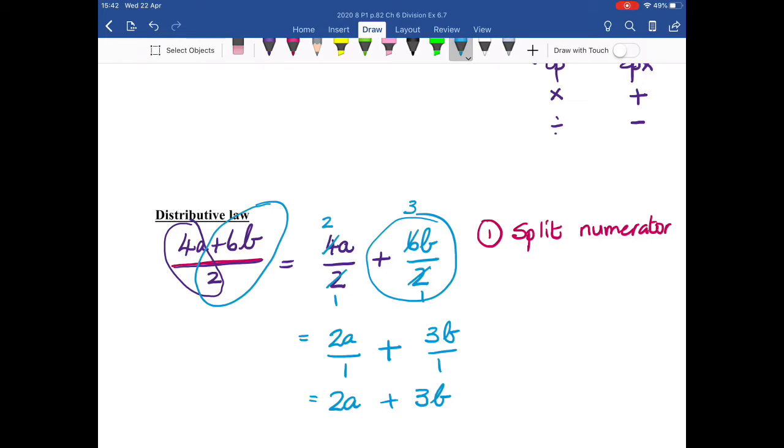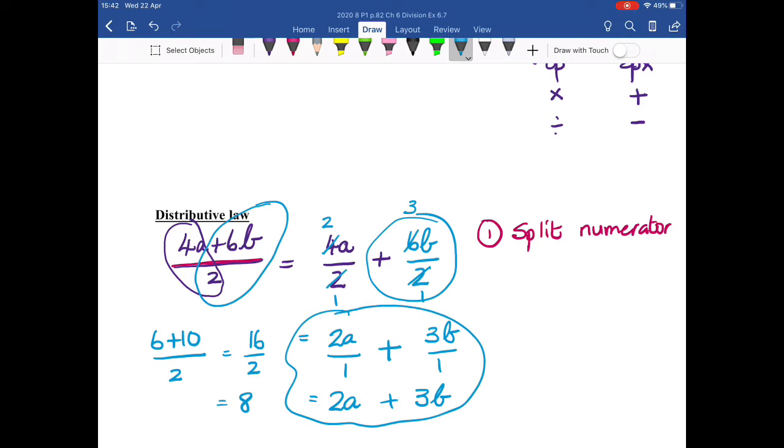Now why can I do that? Let me show you using numbers. If I had 6 plus 10 over 2, that would be 16 over 2, which equals 8. Using the splitting method, we can do it like this. I could have 6 over 2 plus 10 over 2.